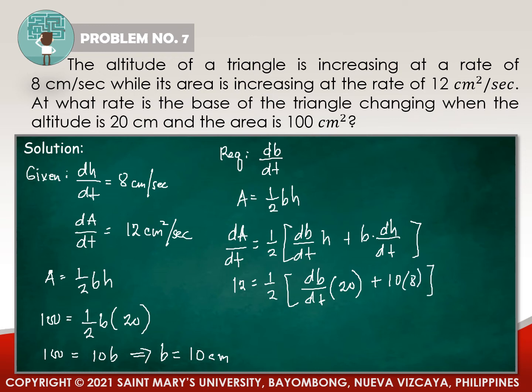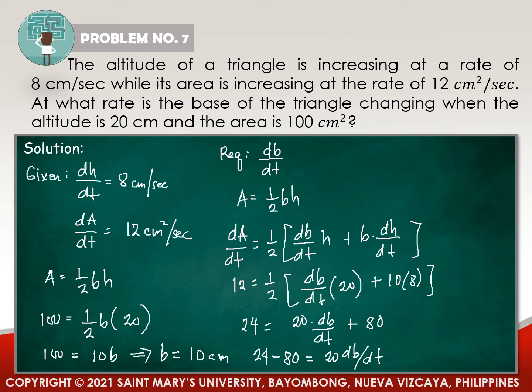Multiply na agad natin yung both sides by 2 para mawala yung denominator na 2. So, 2 times 12, 24. And we have 20 times db over dt plus 80. So, ayan. Transpose lang yung 80. We have 24 minus 80 is equal to 20 db over dt. Ayan. So, 24 minus 80 is equal to what?